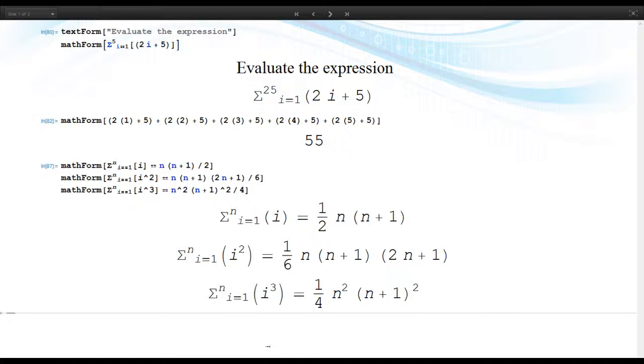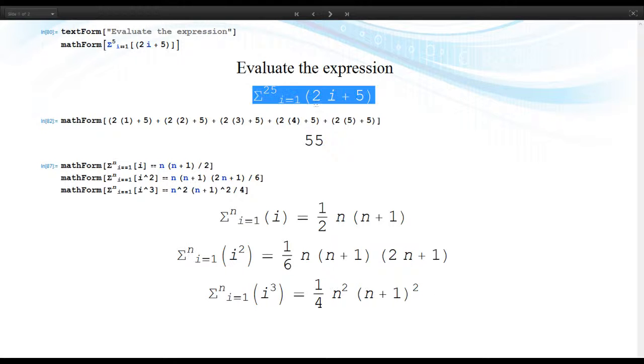So our formulas are the sum of i squared from i equals 1 to n is 1/6 n times n plus 1 times 2n plus 1. This, I think, is the hard one to memorize. The sum of i cubed is 1/4 n squared times n plus 1 squared.